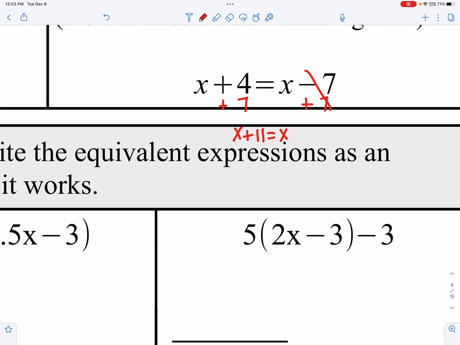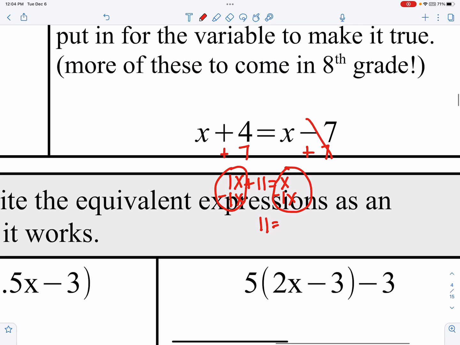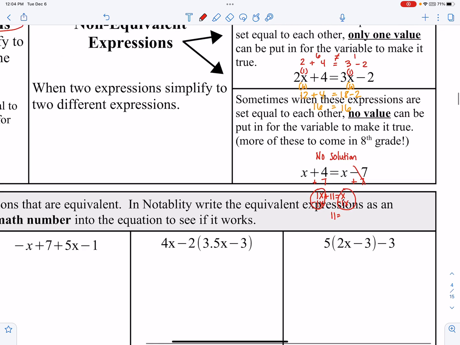Now, I want x by itself, so I would have to get rid of this x. I have a positive 1x, so I can subtract 1x from both sides. But you can see that when I do that, it makes x disappear entirely. And I can't just have 11 equals blank, or even just 11 equals 0. If x disappears entirely, that means there's no value that works for x, and so there is no solution for this. So I want you to see an example of all three of those.